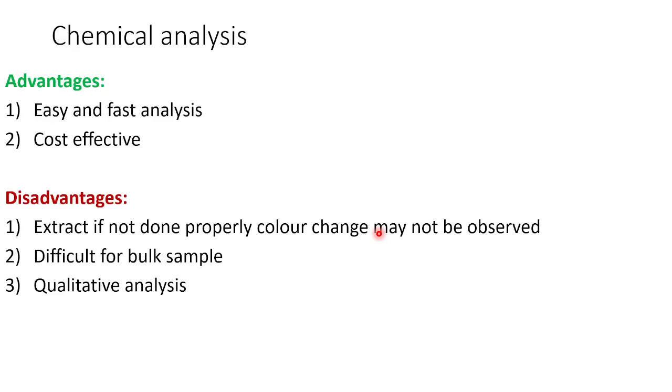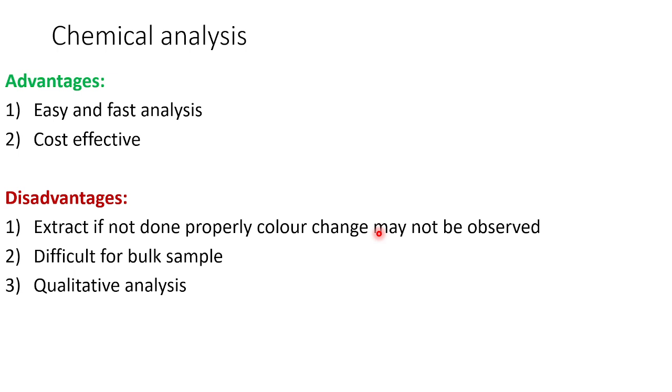Now we have discussed different chemical analyses and also elemental analysis: the presence of nitrogen, sulfur, and different halogenated groups. Now why should you go for chemical analysis? There are some merits and also demerits.